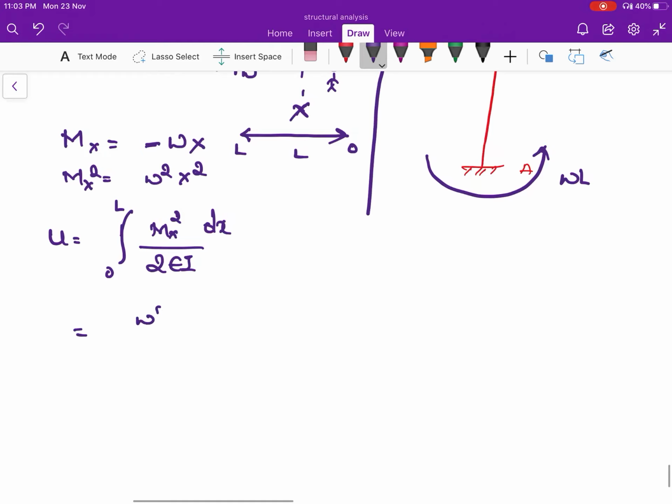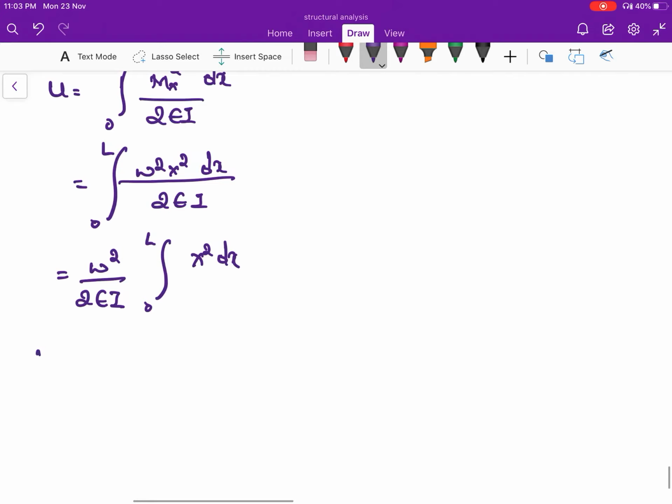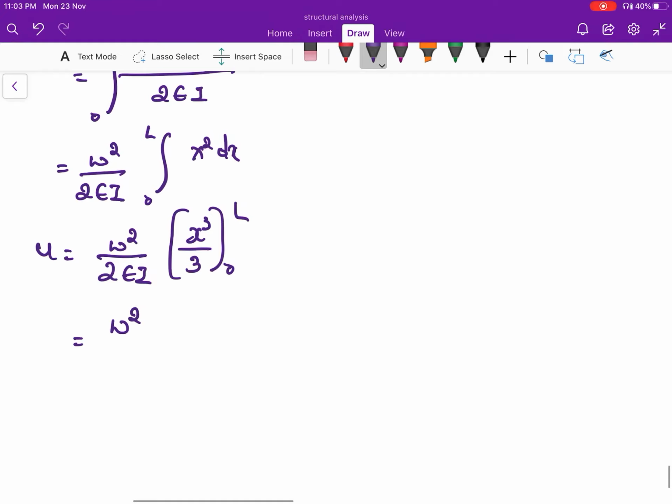So what is the value of Mx squared? W squared x squared dx divided by 2EI, integral 0 to L. Now I can take W squared divided by 2EI outside, where the integral 0 to L of x squared dx, U will be equal to W squared divided by 2EI into x cubed divided by 3, 0 to L, which gives W squared L cubed divided by 6EI. What is the value of U? W squared L cubed divided by 6EI.